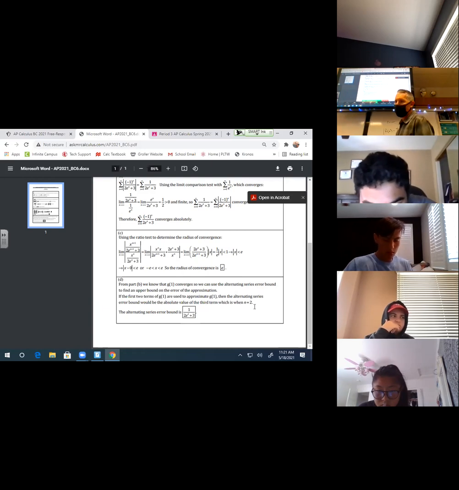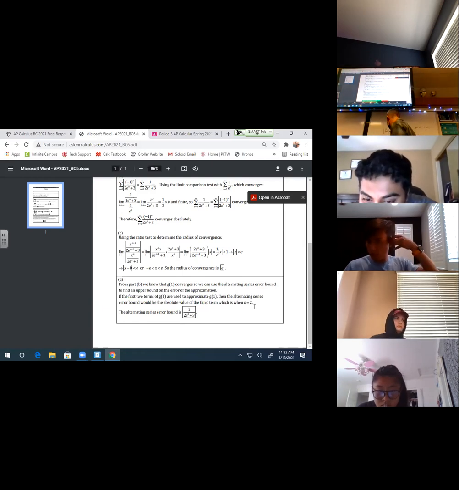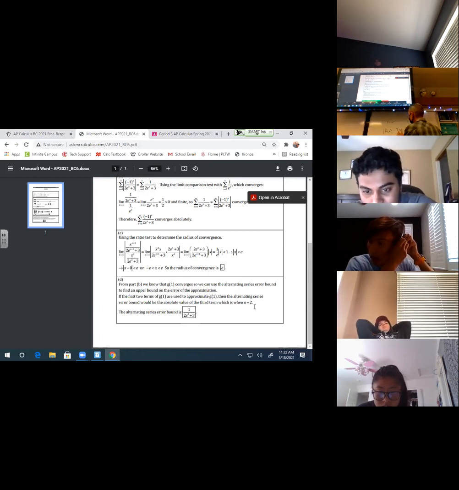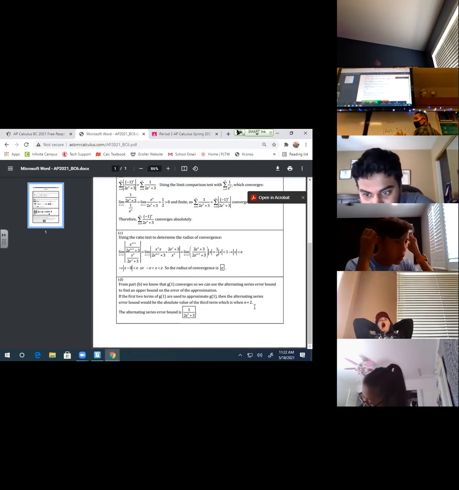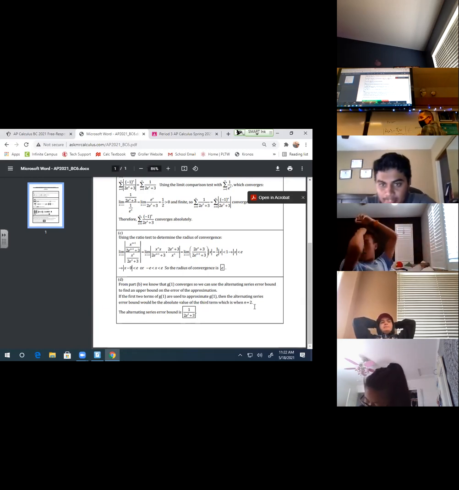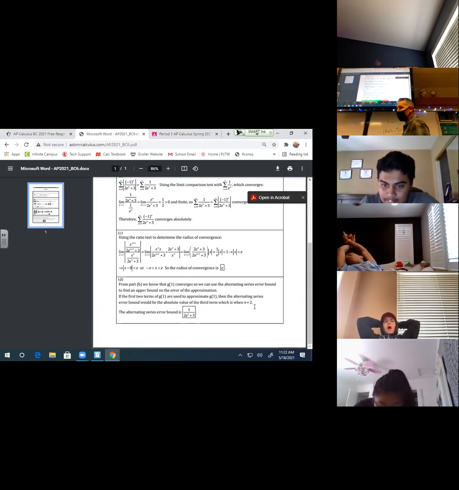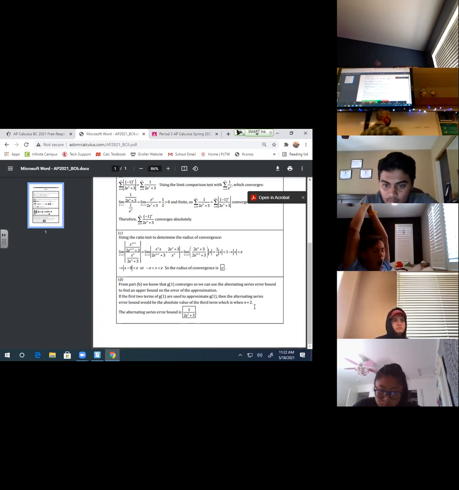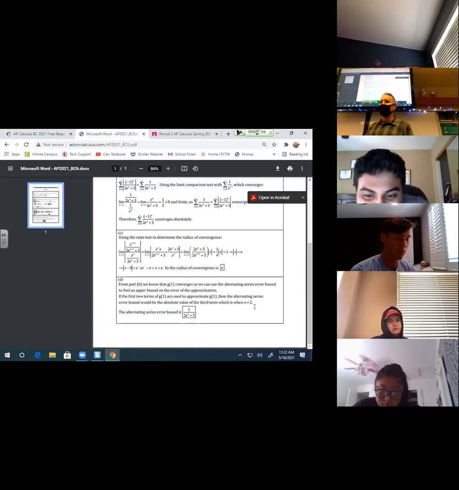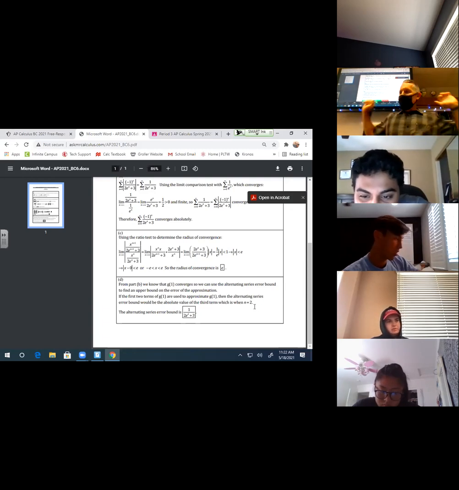So the alternating series error bound is that when n is equal to 2. In the one you wrote, though, would it be T of 3 of x? Yes, if you are using T sub 2 of x, you would go out to the third term and then plug in the x value there, and then the error is within that for the alternating series error bound, which comes from the alternating series estimation theorem. That's where the alternating series error bound comes from.